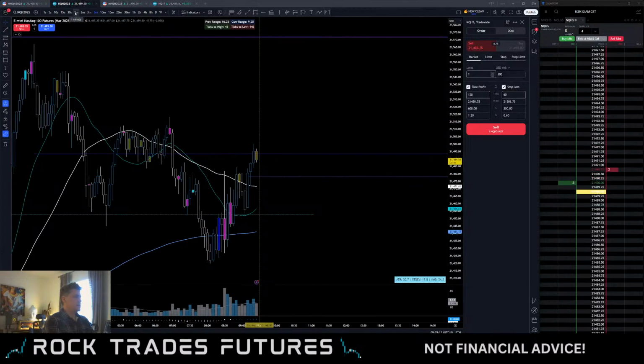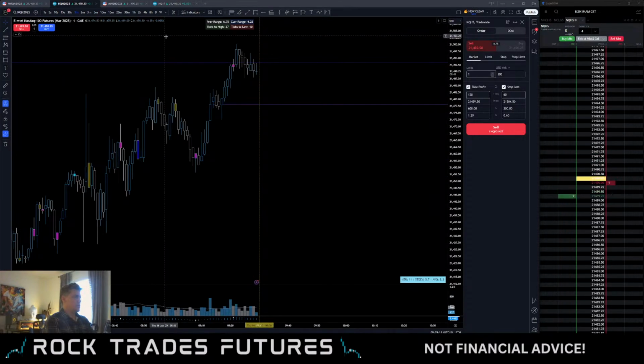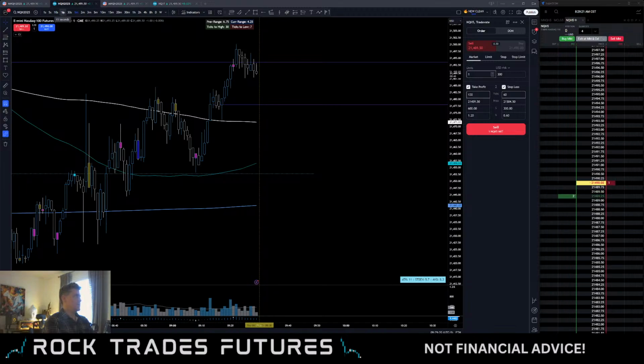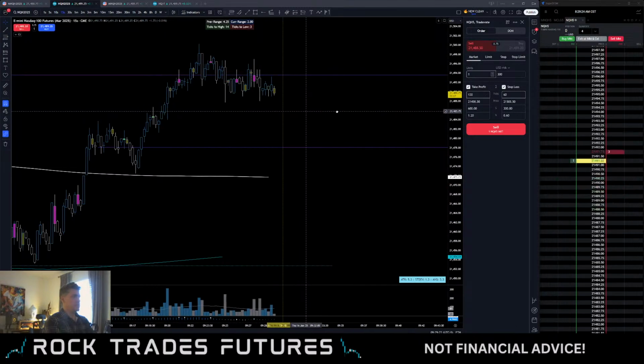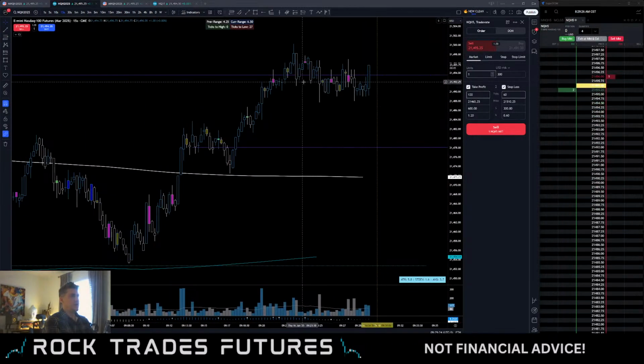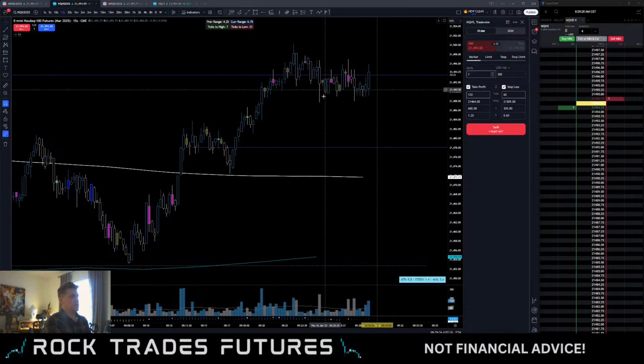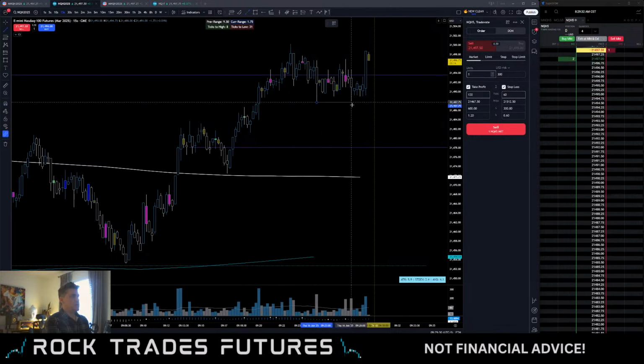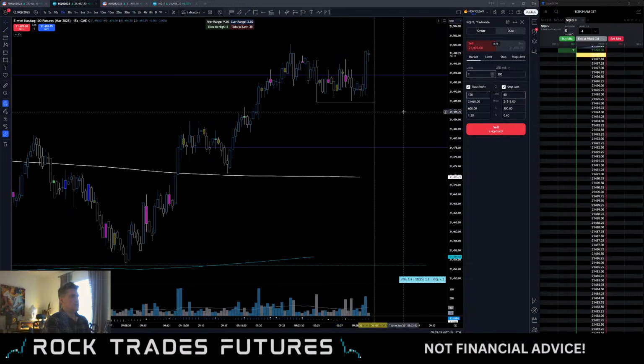So still inside down on the 5-minute. That is a short trigger. But do I trust it right before open? No, no, no, I do not. The fact that we haven't pushed down here is very telling, though. The fact that we haven't pushed down here is very interesting.